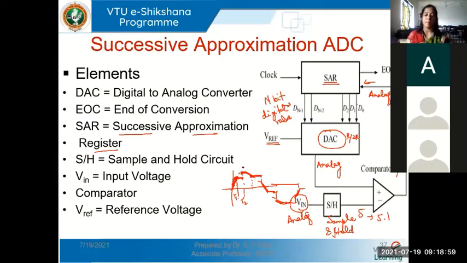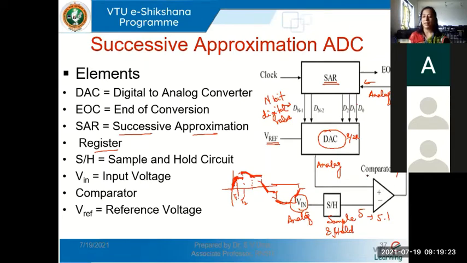That's why we need to do a sample and hold operation before feeding the actual analog signal to a comparator, so that the conversion process for one value gets completed before we take in the next sample or next value.